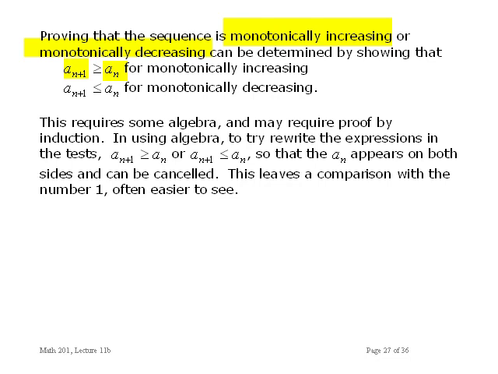We'll start off by trying to use algebra and rewrite the expression. Set up the expression a sub n plus 1 is greater than or equal to a sub n, and put a question mark over that. Then try to rearrange the terms so that you get a sub n on one side and cancel it out, leaving a comparison with the number 1. That's easier to see.